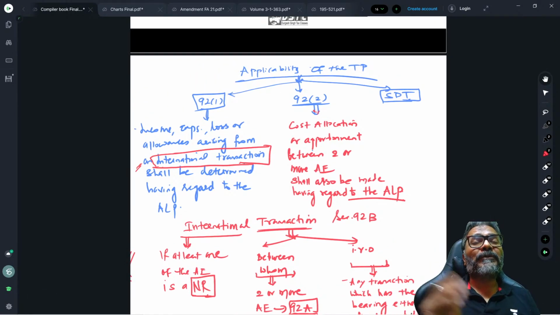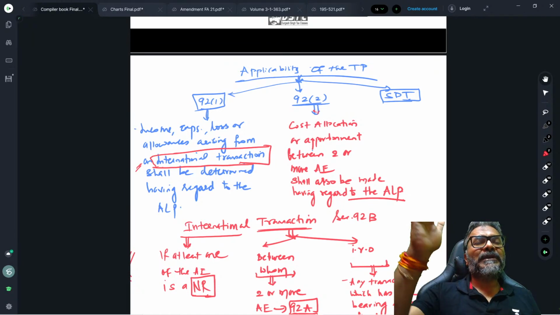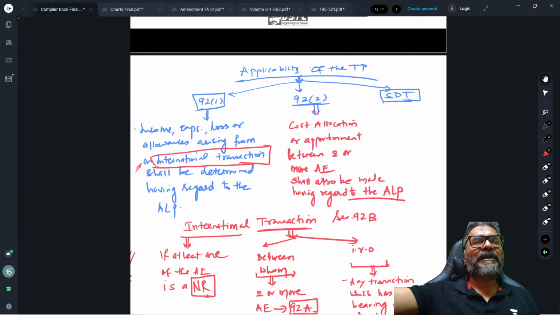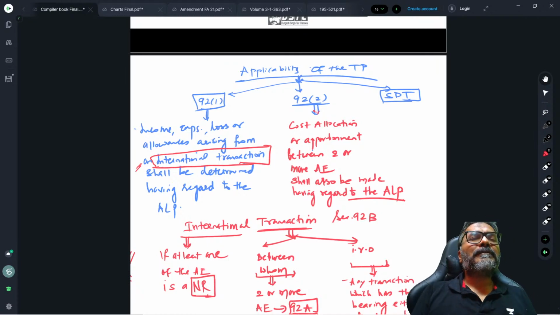Now, students, suppose the transfer price is charged to the non-resident associated enterprise and subsequently the arm's length price is adopted, and the arm's length price, if adopted, results in a decrease in the total income as declared by the assessee in its ROI, or an increase in the losses as declared by the assessee in the ROI.